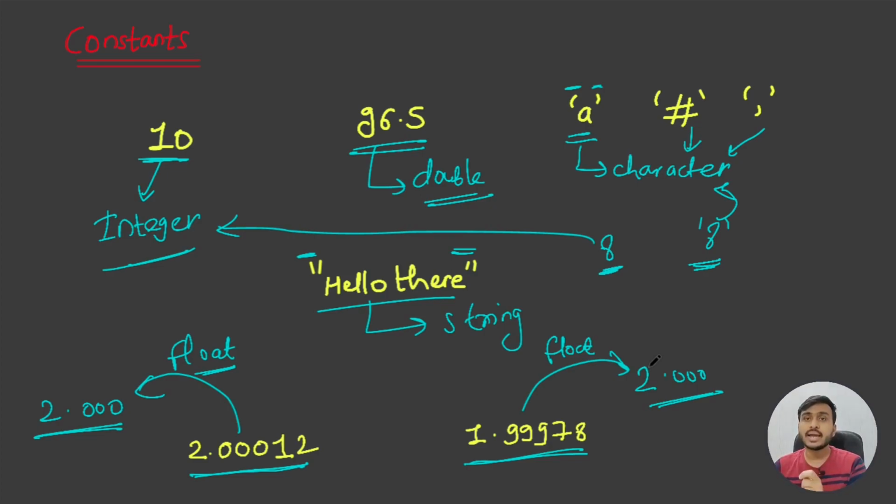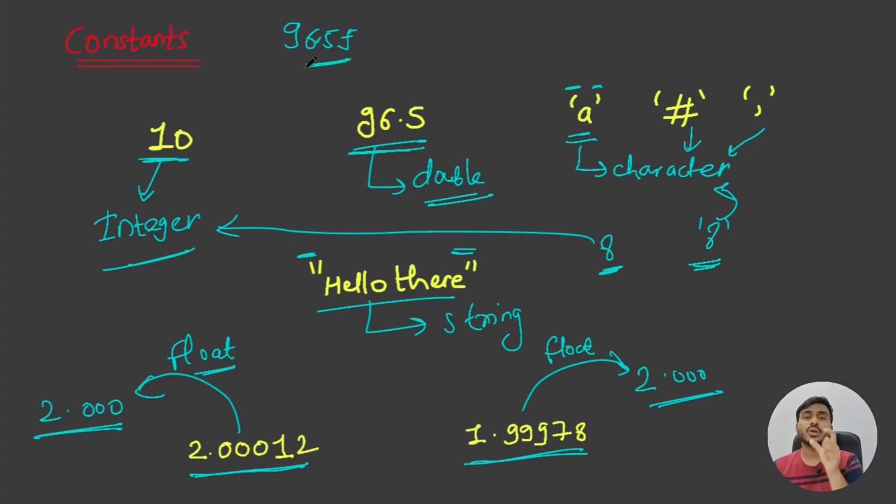Now let's understand how you can create a float constant. We know how we can create a double constant. Whenever we write any fraction, it becomes a double constant. Now let's understand how we can create a float constant. It's very easy. Let's say you want to write 96.5 and you want this to be a float constant. What you have to do is write a small f after this.